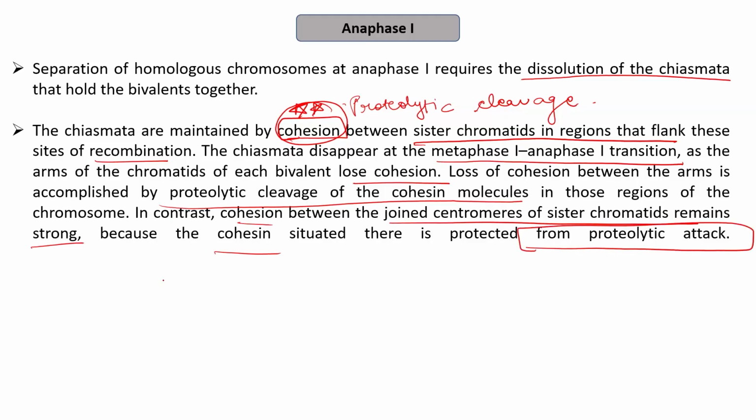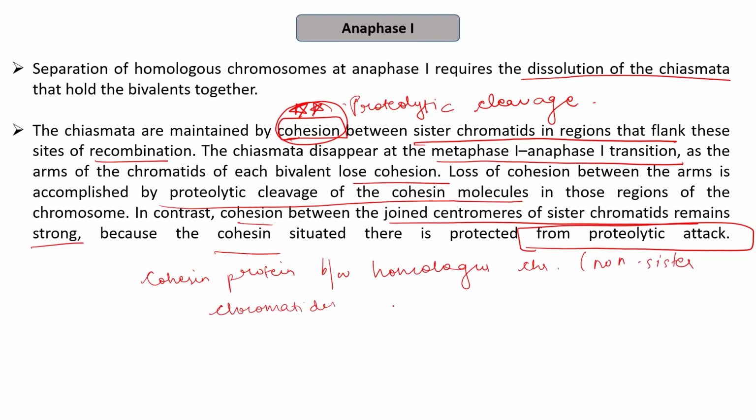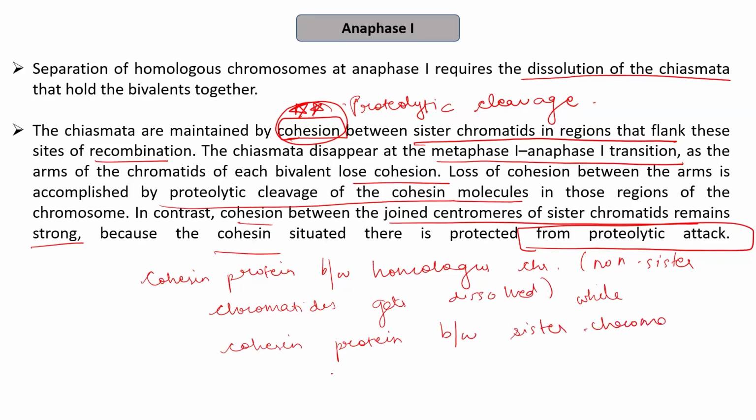So it is very important that the cohesin protein which is present between the homologous chromosomes, that is the non-sister chromatids, gets dissolved, while the cohesin protein between sister chromatids of the same chromosome remains intact.